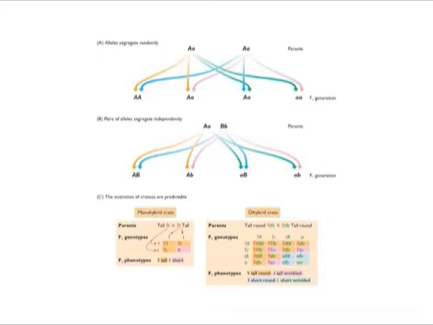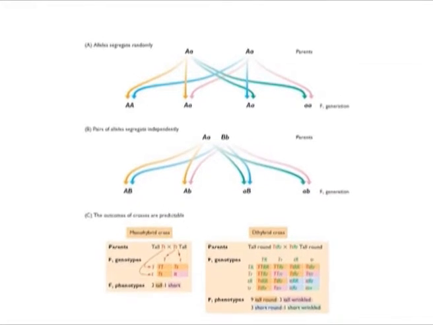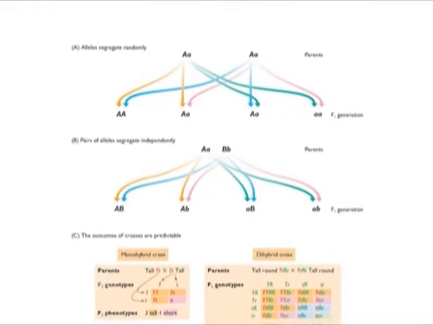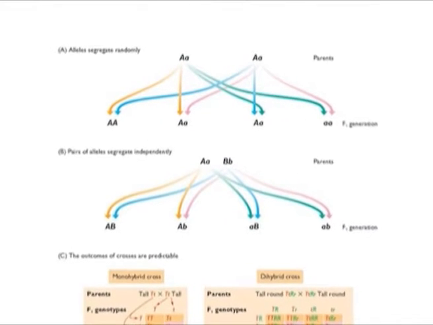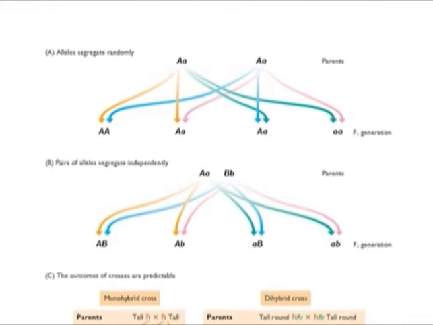After the discovery of dominance and recessiveness, Mendel carried out additional crosses that enable to establish two laws of genetics. The first law states that alleles segregate randomly. In other words, if the parents' allele are capital A and small a, then a member of the F1 generation has the same chance of inheriting capital A as it has of inheriting small a.